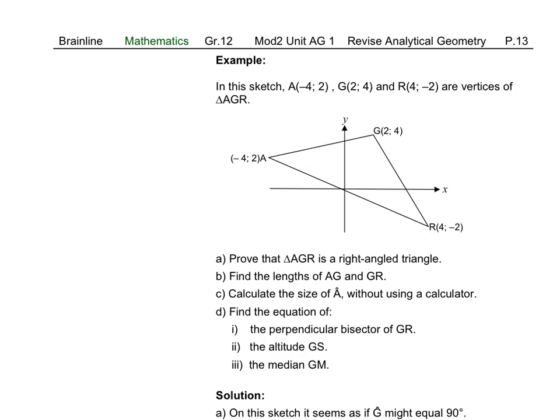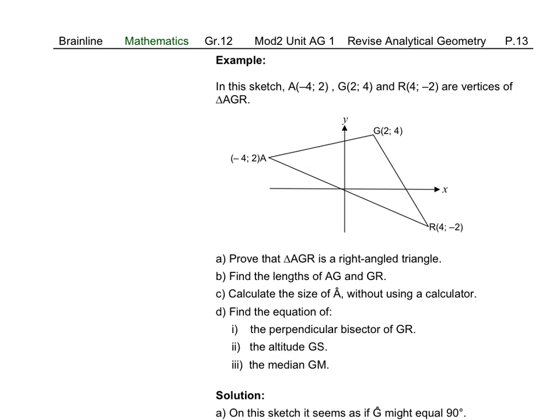Then B, find the lengths of AG and GR. Then C, calculate the size of angle A without using a calculator. And then D, find the equation of the perpendicular bisector of GR, the altitude of GS, and then the median of GM.